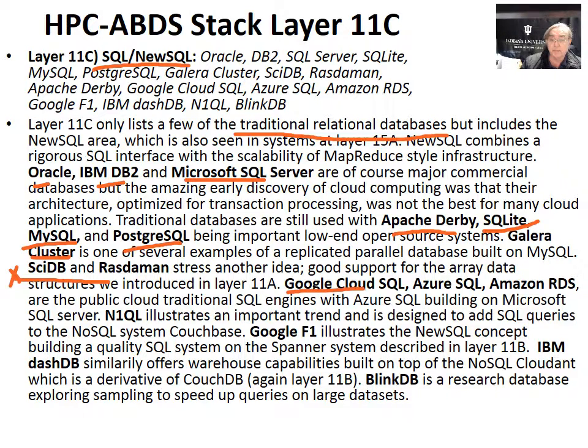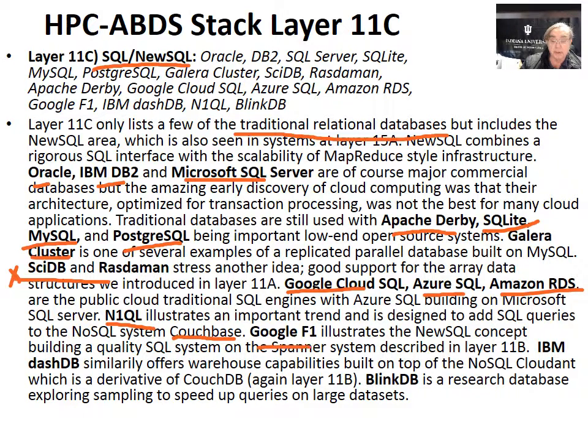If you go to a public cloud, you'll be able to buy access to such databases, and that's Google Cloud SQL, Azure SQL, and Amazon RDS, relational data systems. N1QL is a nifty concept, which illustrates this new SQL trend, and it basically adds SQL queries to the NoSQL system we mentioned in 11b called Couchbase.